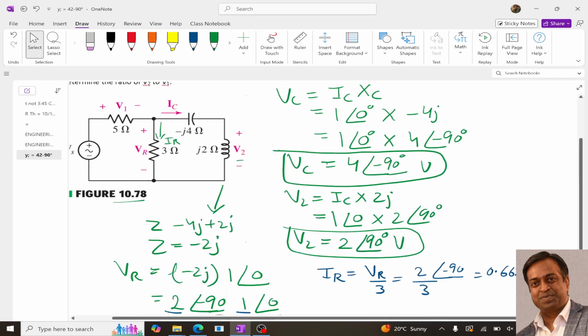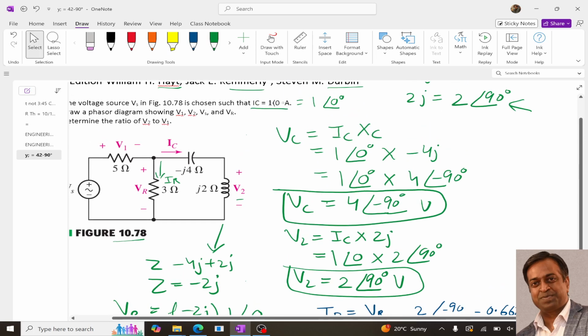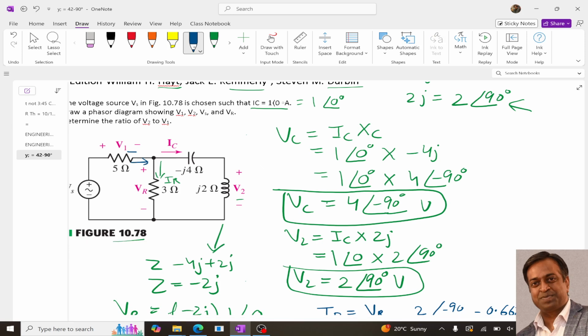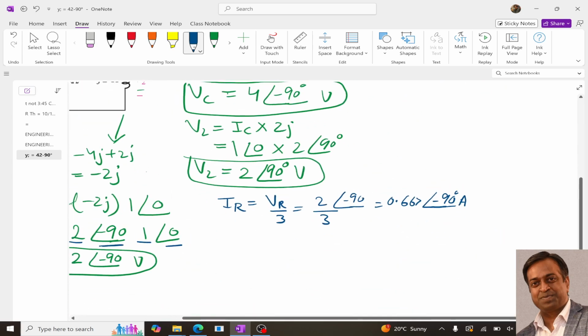Once we get IR, we can determine this current, let it be I. I will be equal to IC plus IR, because the current is dividing.